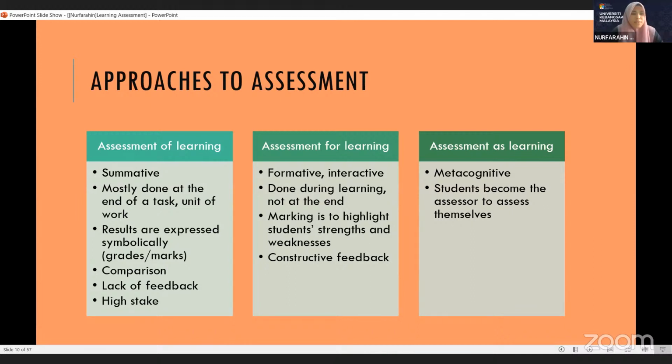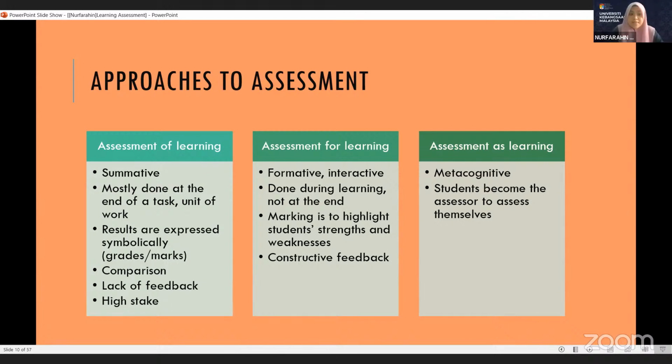Assessment of learning commonly lacks feedback, meaning that if the students get a B or a C, teachers most likely will not provide feedback after that, on why he or she got a B or a C. And I think the most worrying part of assessment of learning is that it is very high stake. What it means by very high stake is that people see it very highly.